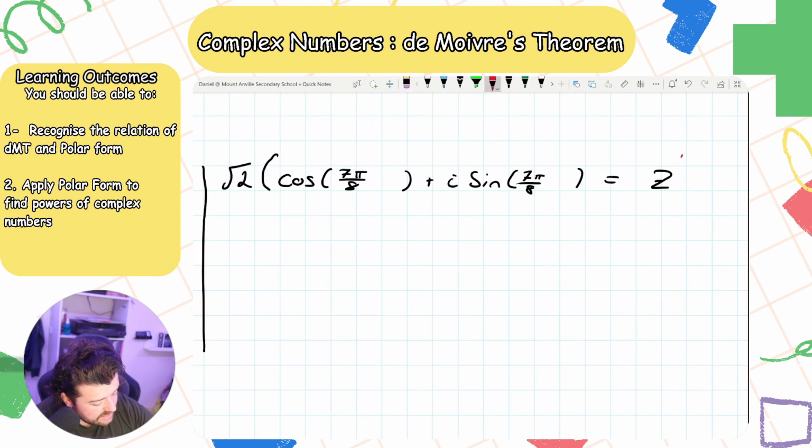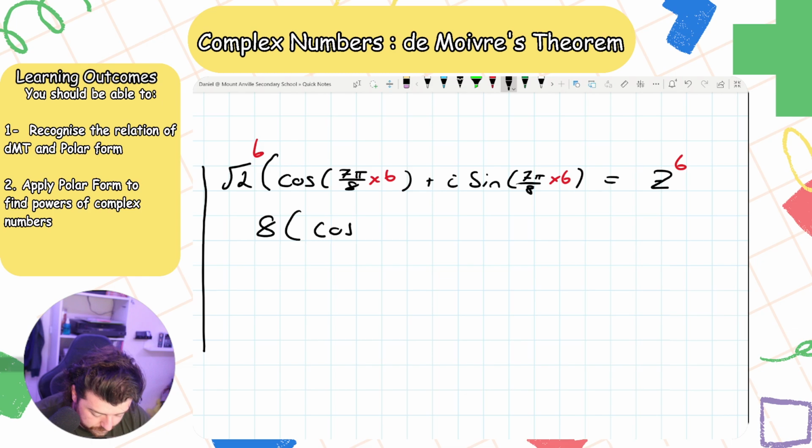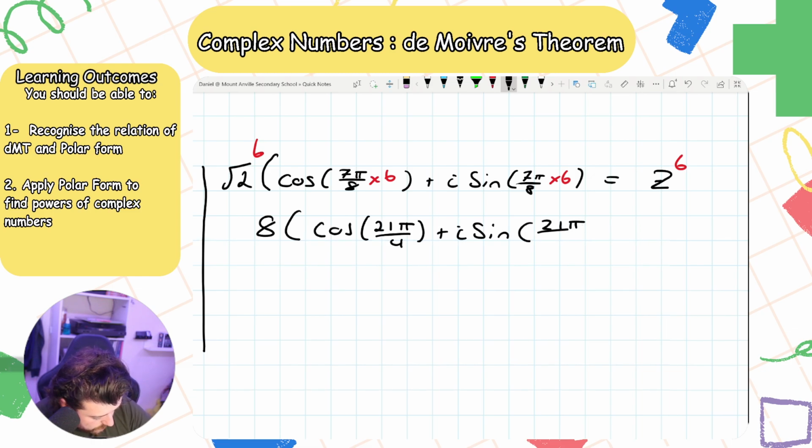But we're looking for z to the power 6. So put to the power 6: my mod to the power 6, times the argument by 6. So I have here root 2 to the power of 6, which is going to be equal to 8, times cosine 21 pi over 4 plus i sine 21 pi over 4.